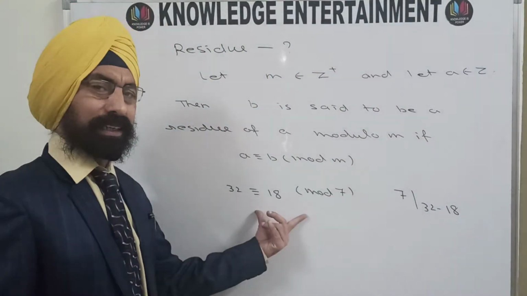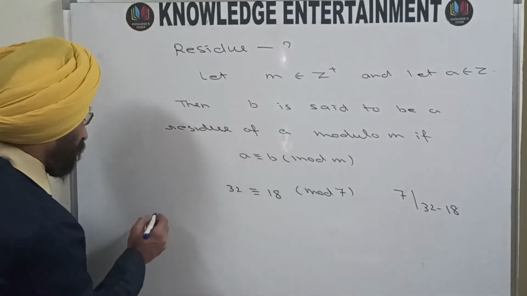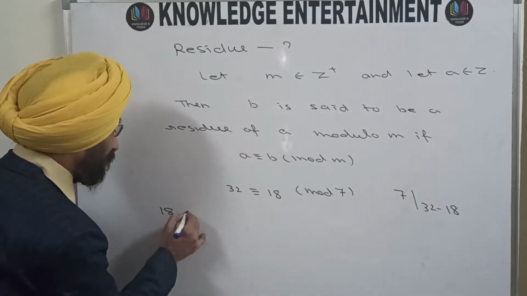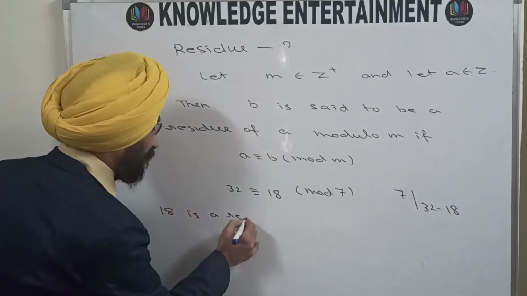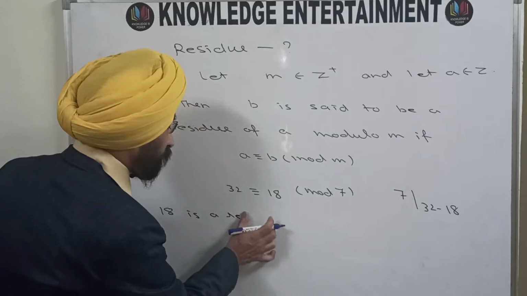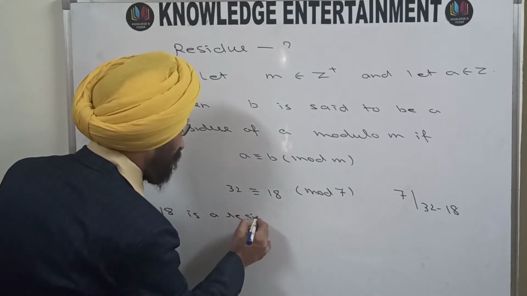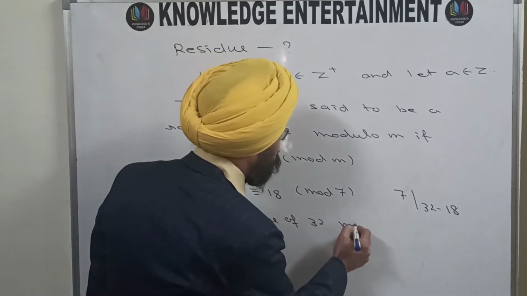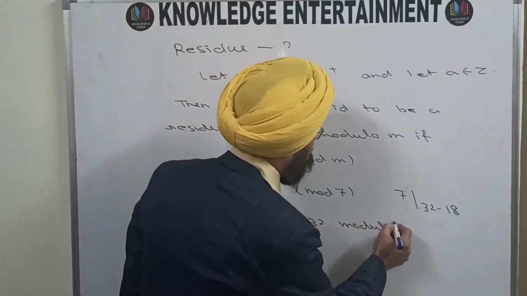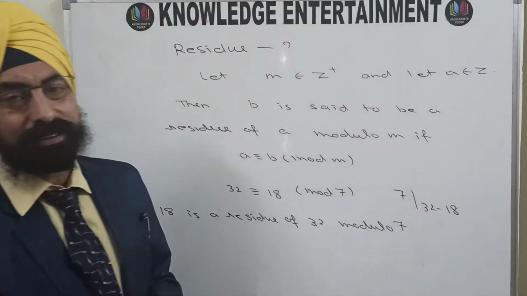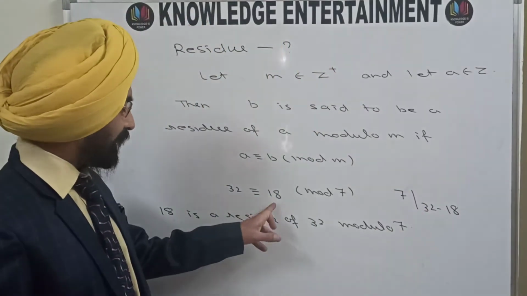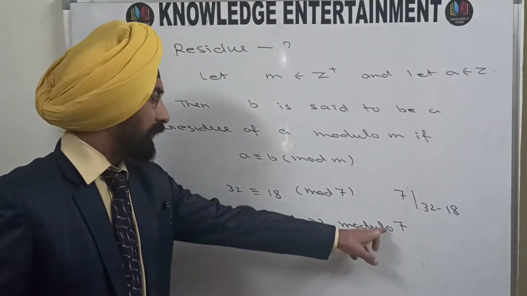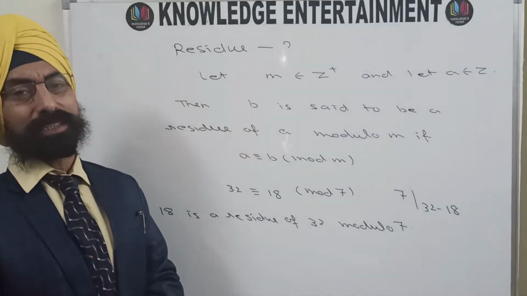So from here you can say that 18 is a residue of 32 modulo 7.